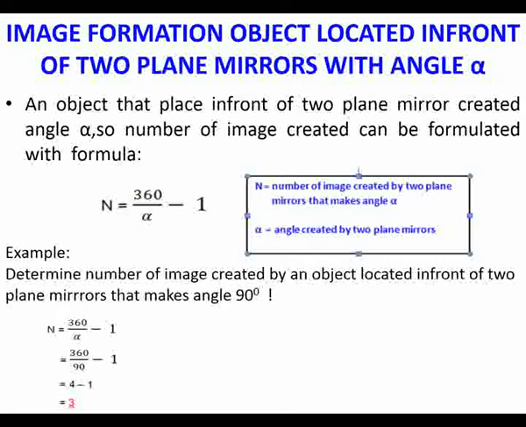So here alpha equals 90 degrees. And the problem asks about the number of images created by the two plane mirrors, so they ask about n. Using the formula n equals 360 per alpha minus 1, the number of images created by the two plane mirrors equals 360 per 90 minus 1 equals 4 minus 1. So the number of images created is 3.